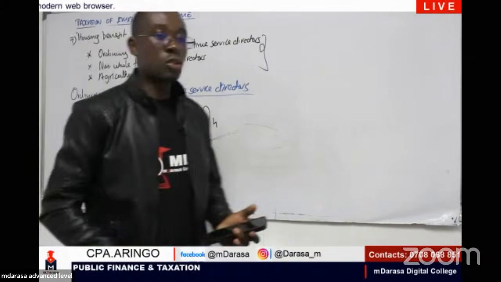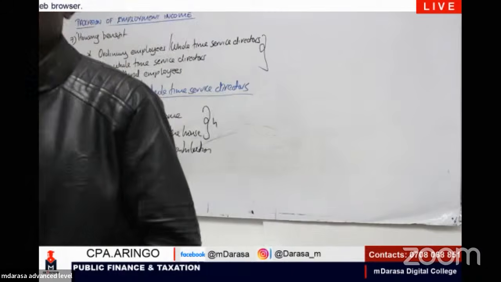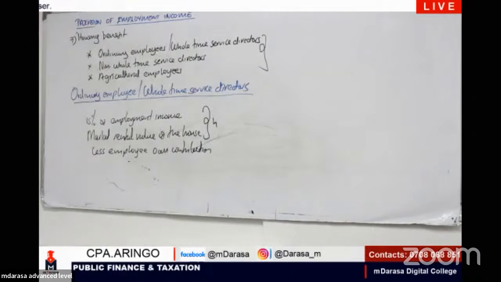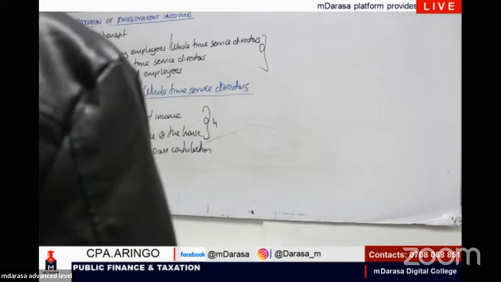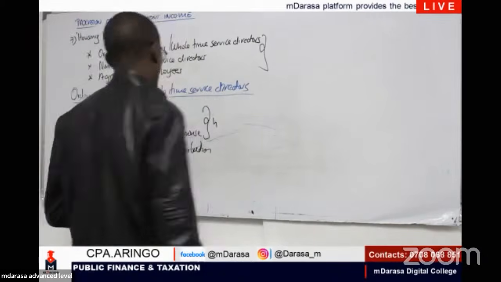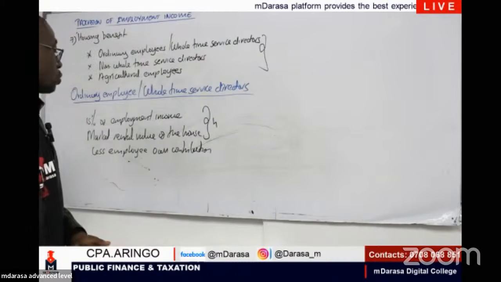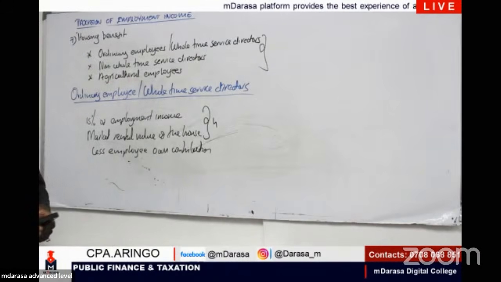Because probably out of what we are having, there is an amount that I'm paying from my pocket, or rather from my salary. Whichever is higher, we deduct whatever this employee is paying from his own pocket. Very important.